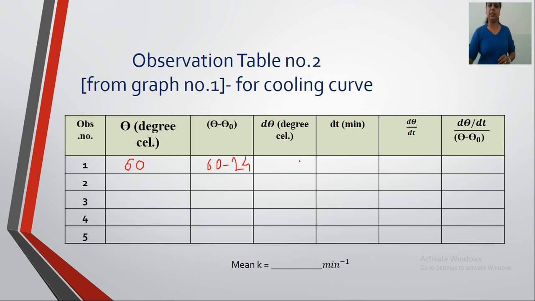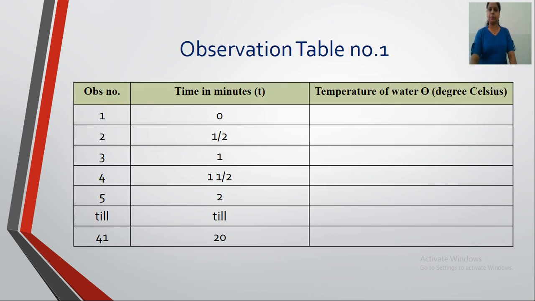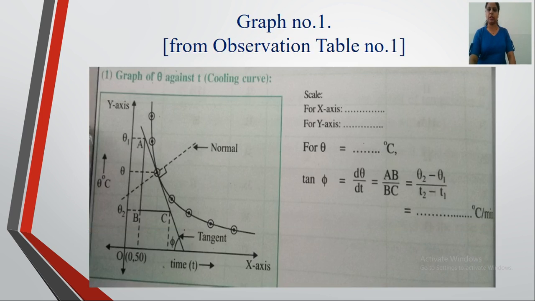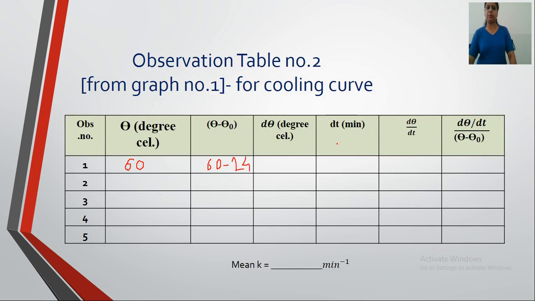After that, d theta you will get from the graph, and dt also you will get from the graph, and this d theta by dt is nothing but the ratio of these two columns, this and this.